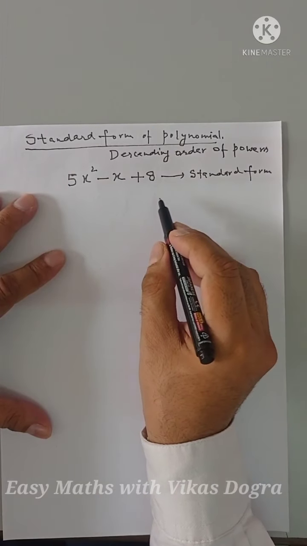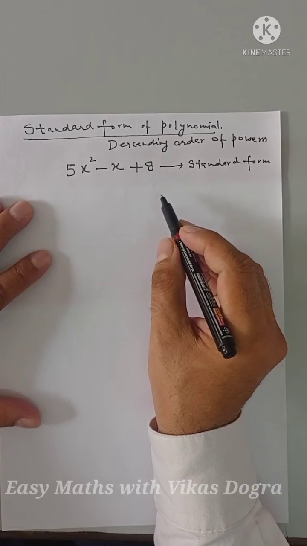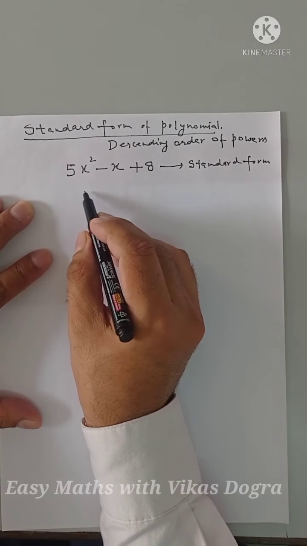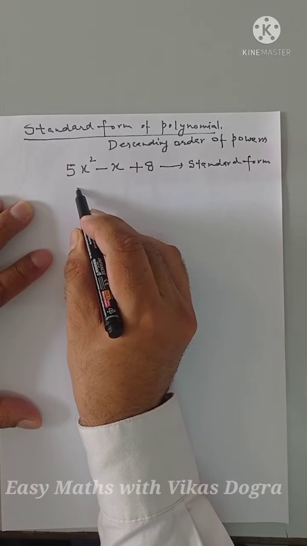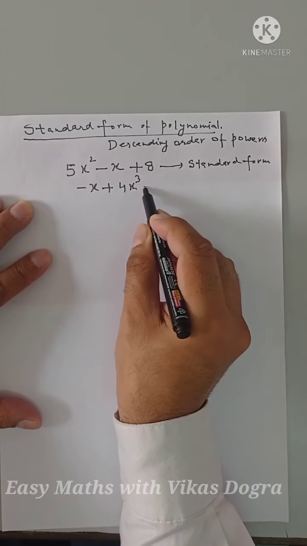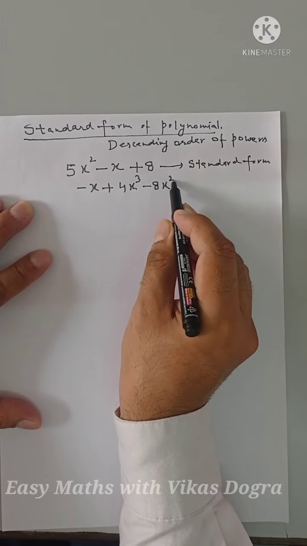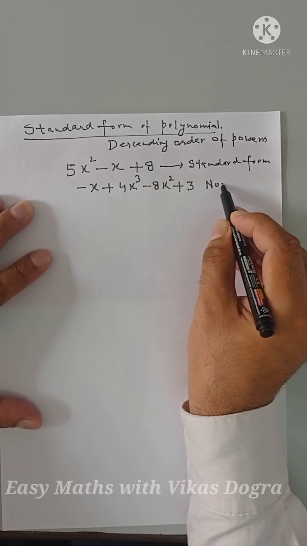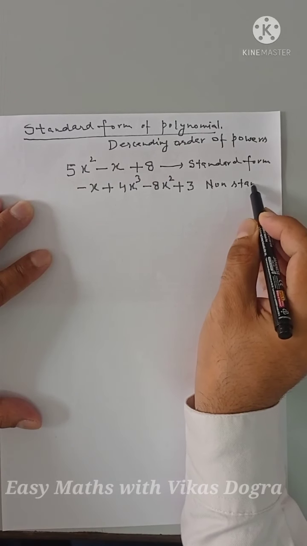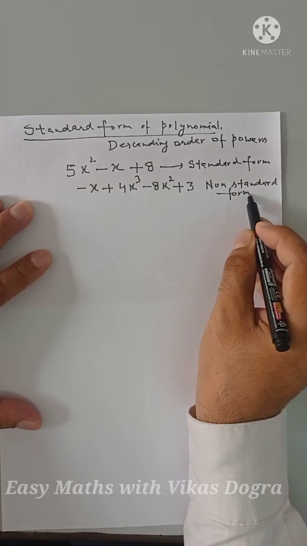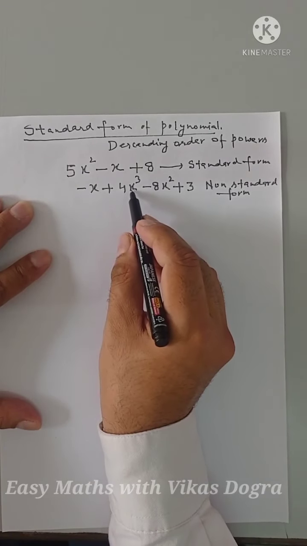Now I am writing one polynomial. You are to tell whether it is in standard or non-standard form. I am writing here minus x plus 4x cube minus 8x square plus 3. It is non-standard form. And if I ask you to convert it into standard form, what will you do?